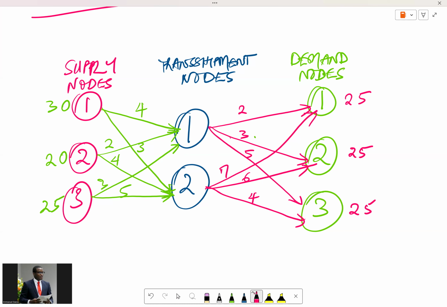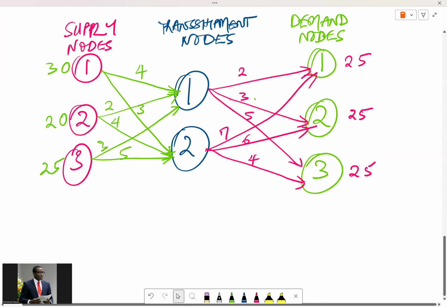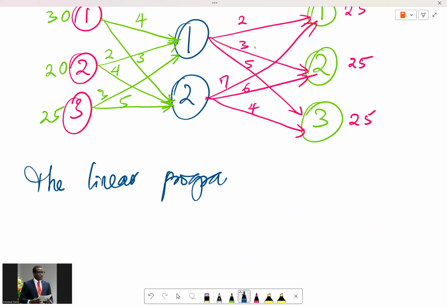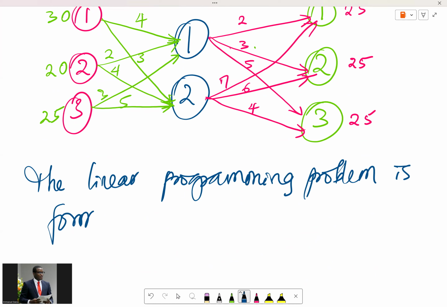So the next thing we need to do is to formulate the linear programming problem. It is formulated as follows.